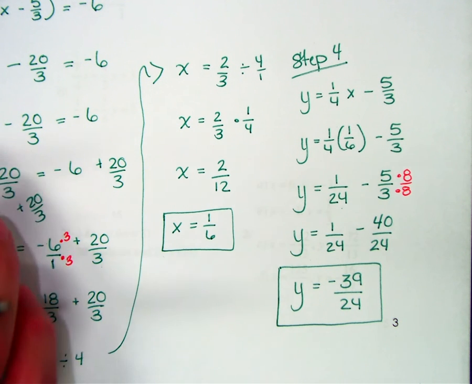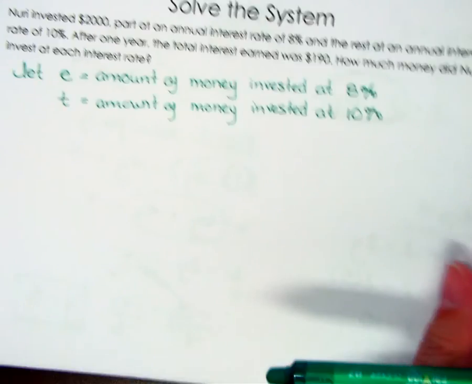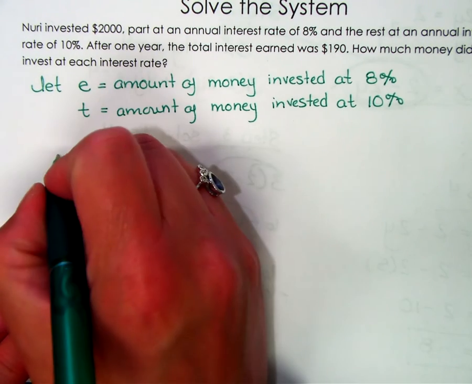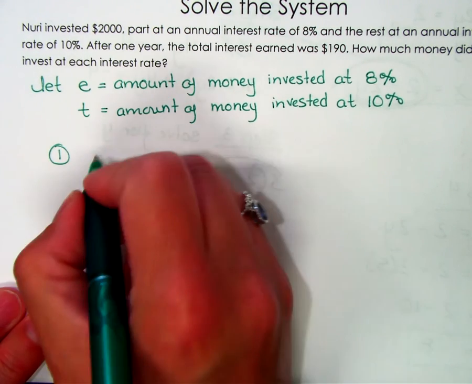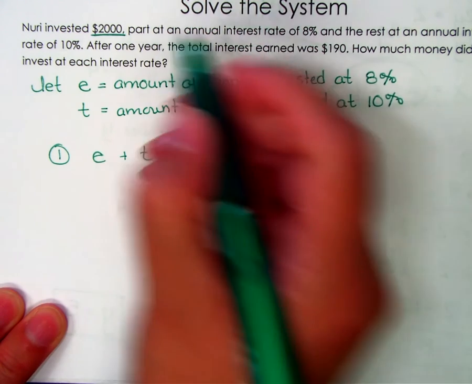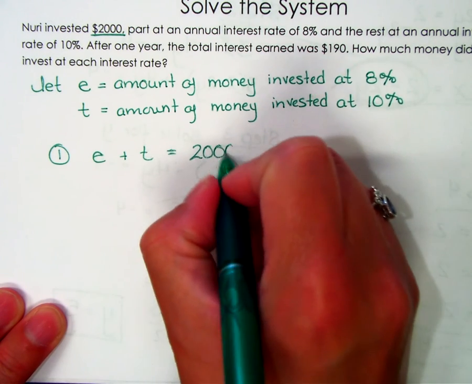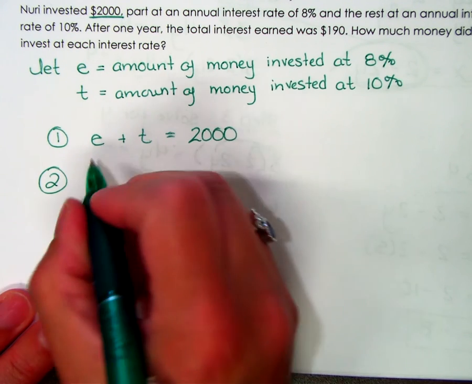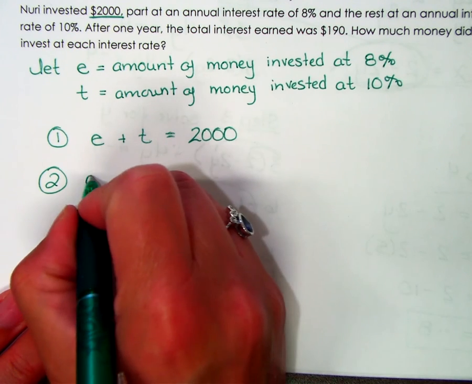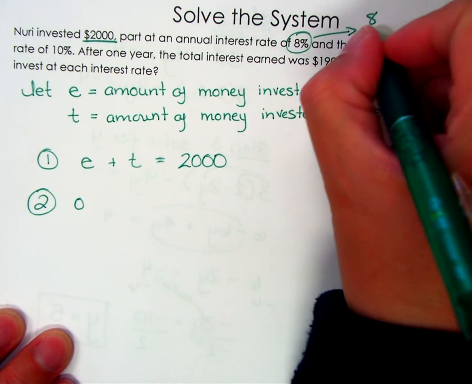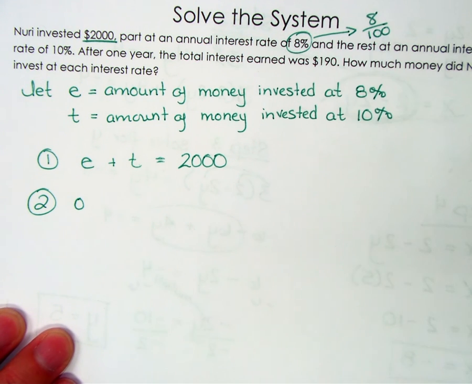Okay, I'm flipping the page. I'm going to hop back. Again, pause the video if you need to. So here we are. My first equation is going to be E plus T equals the total number I've invested, which is 2,000. The next equation: I'm going to change 8% into a decimal, so I'm going to take 8% and divide it by 100%.